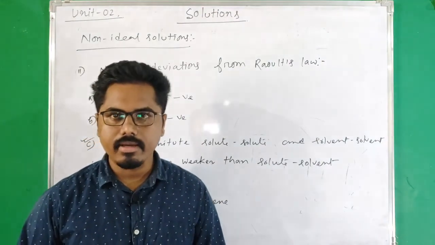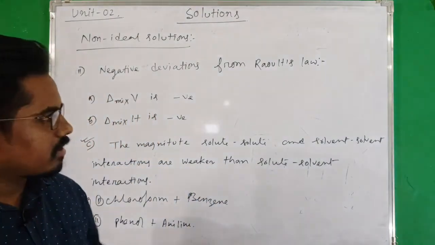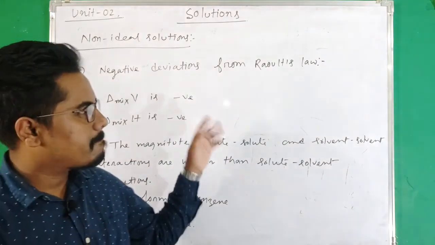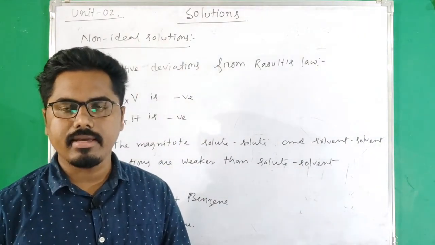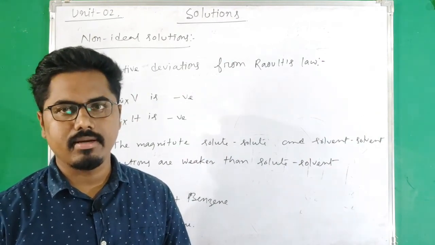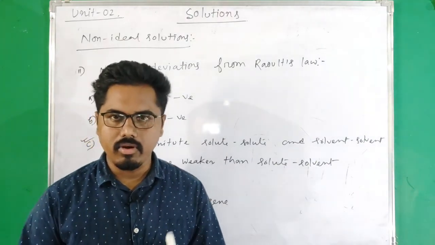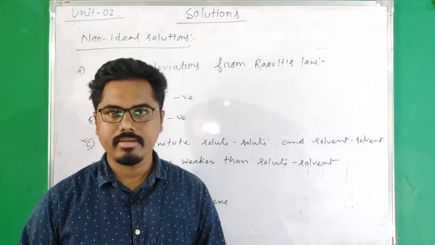Okay? In the next class, we will study the graphical representation of positive deviation and negative deviation. After that, we will learn about azeotropic mixture and then vapor pressure of a solution having a non-volatile solute. Okay? Thank you.